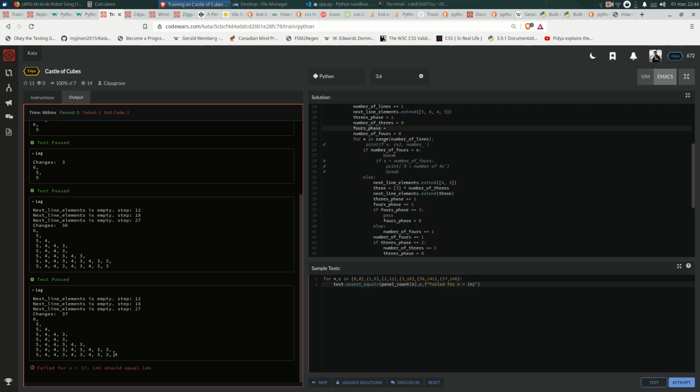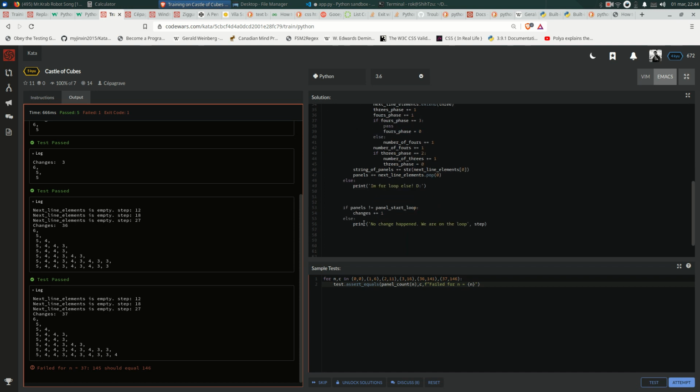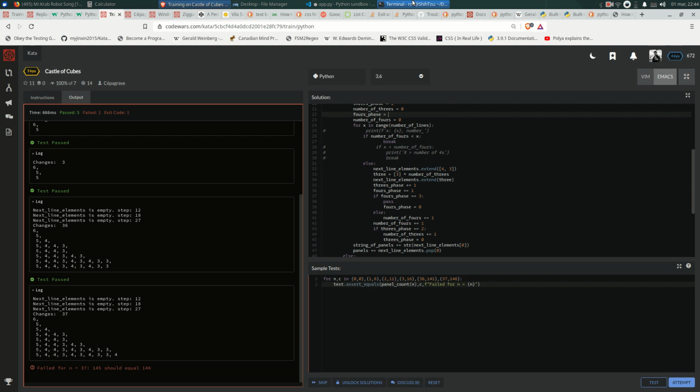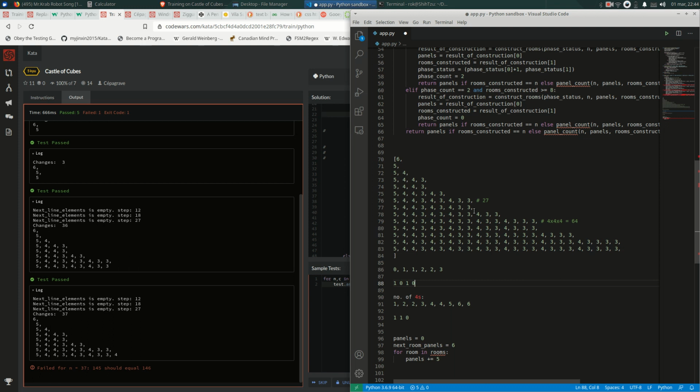Oh, we got that issue again with just assigning instead of adding. It's 27. Oh damn. 37 changes. There are 37 changes. 4, 3, 3. 5, 4, 3.